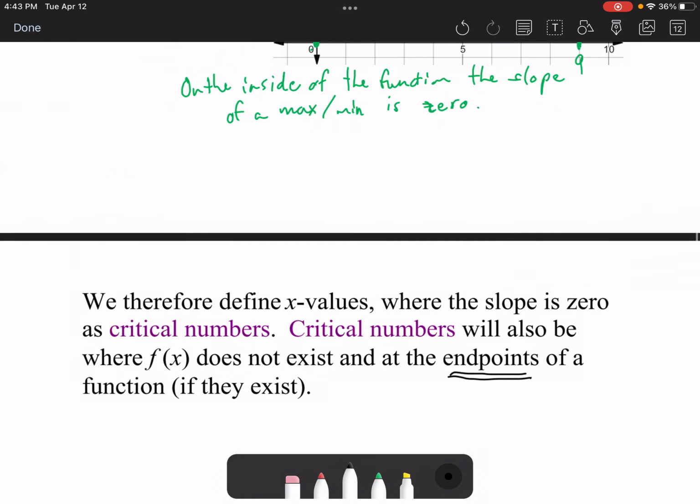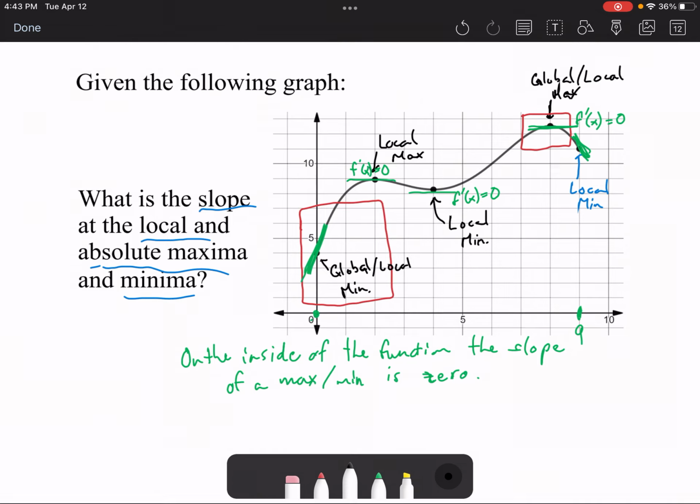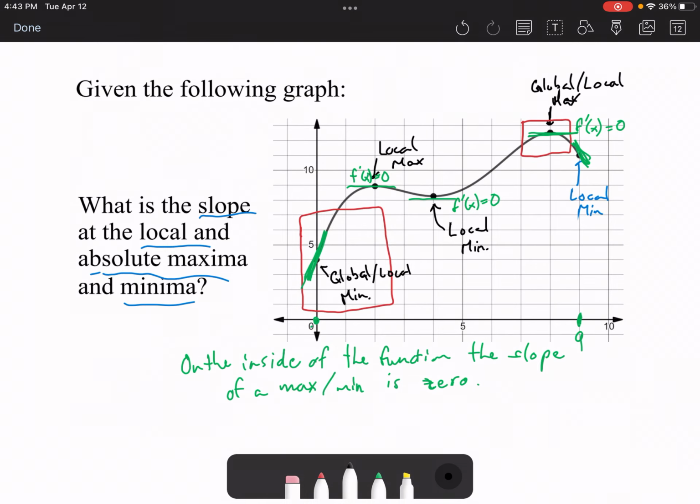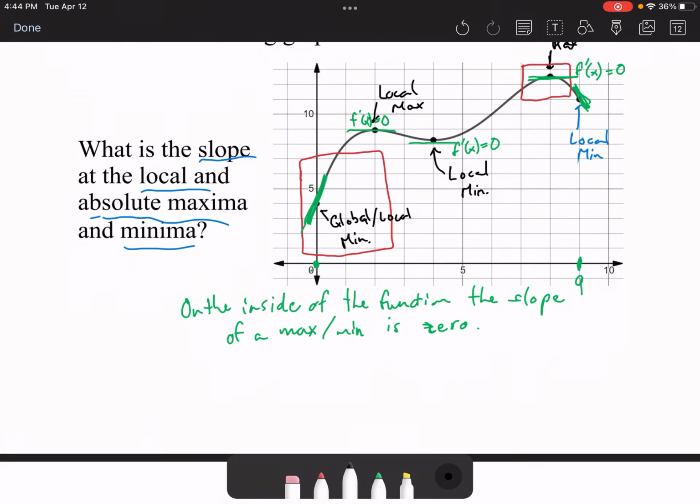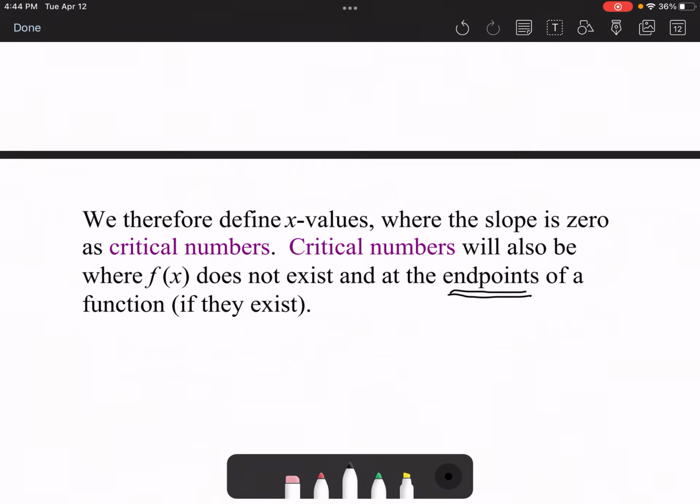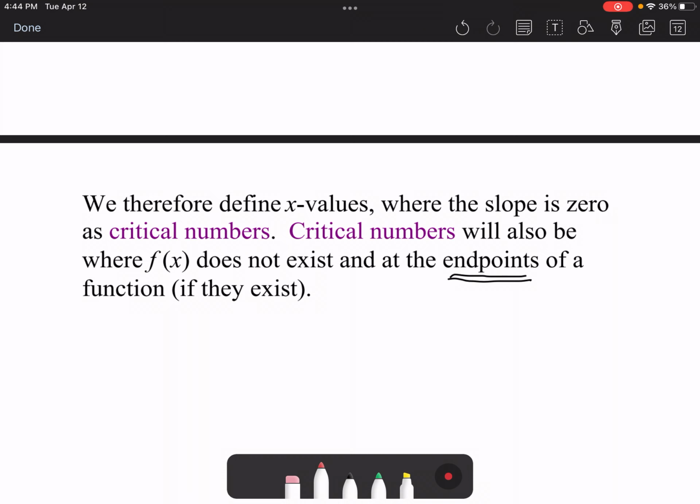So that means for this function up above here, the endpoints and where our derivative was equal to 0 are called critical points. Now the other part of this definition is also when f of x does not exist. This comes into play when we're talking about discontinuity errors and/or spots where the function is undefined or just not existing at that spot.